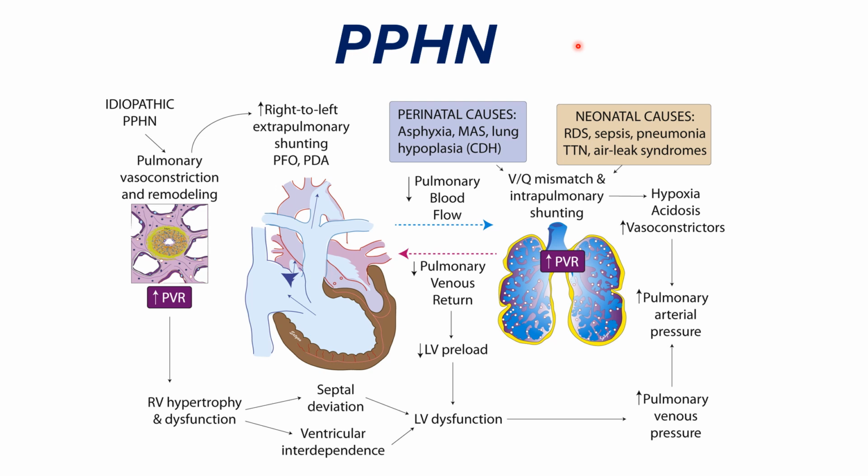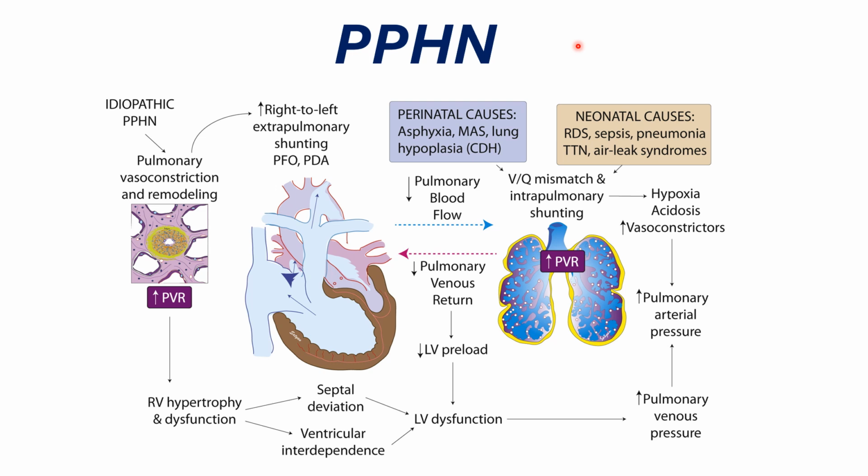In regards to management, there is supportive care. Basically, we have to maintain normothermia, normal glucose, and normal electrolytes, with minimal handling of the newborn in order to reduce pulmonary vasoconstriction, and mechanical ventilation if needed. And in this case, there is also an aim towards permissive hypercapnia.